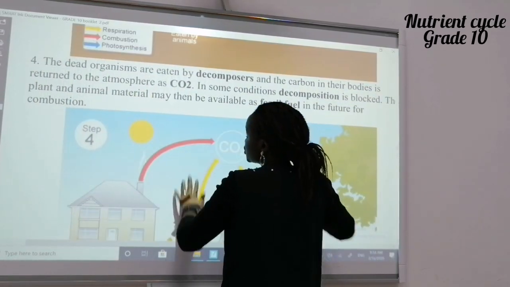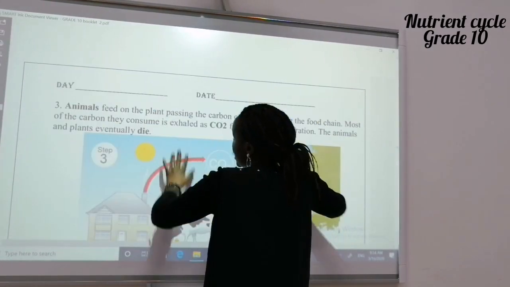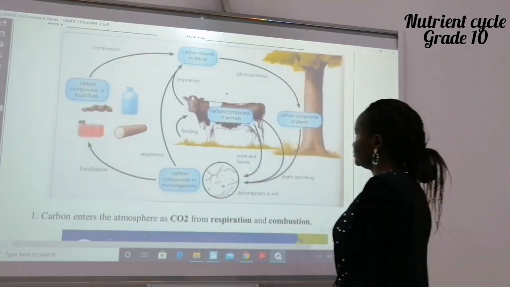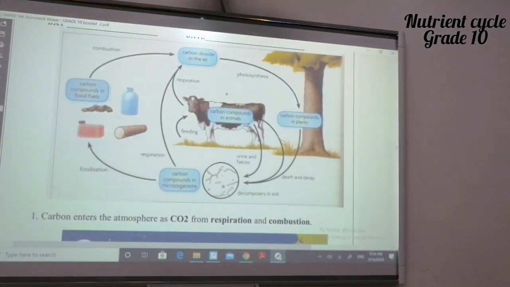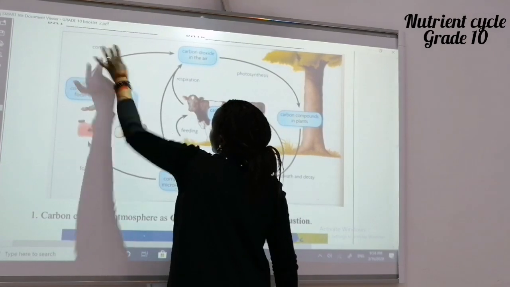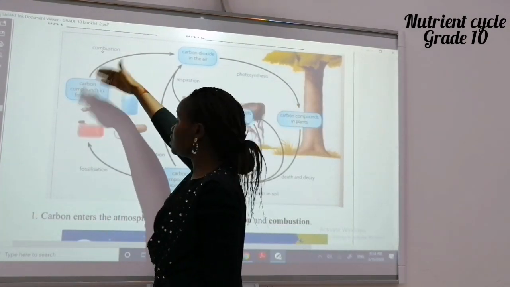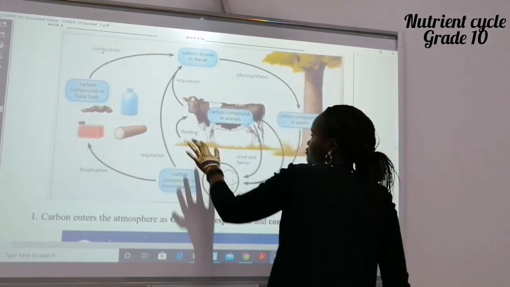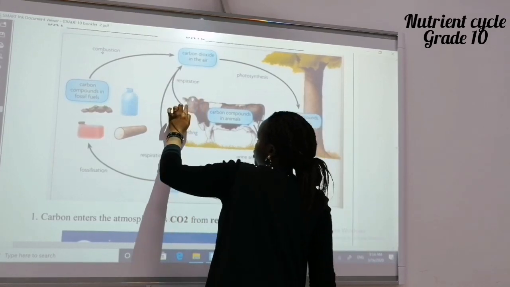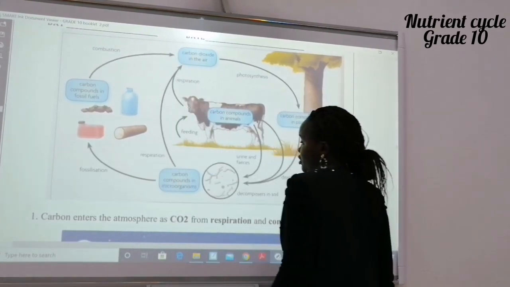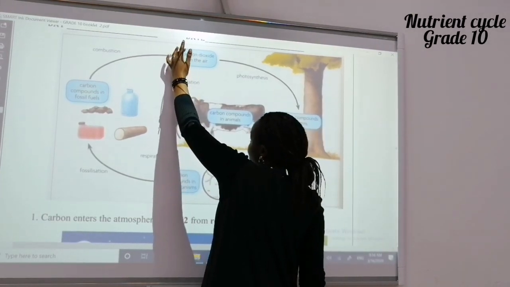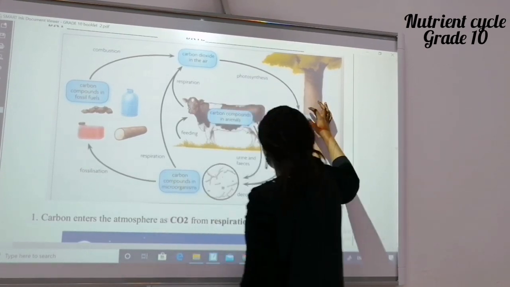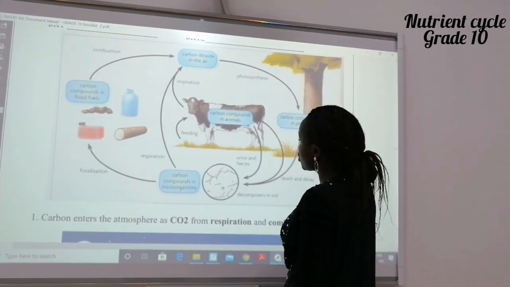Let's use this diagram to summarize the carbon cycle. Combustion is the burning of fossil fuels in factories and everywhere. Respiration is by breathing, so CO2 also goes into the atmosphere through respiration. Then CO2 is taken out of the atmosphere through photosynthesis, so the plants contain carbon.